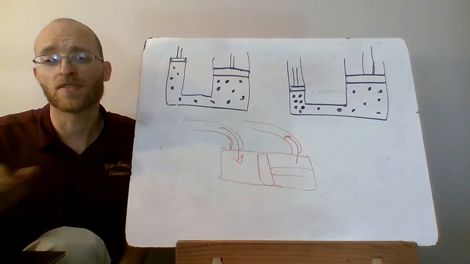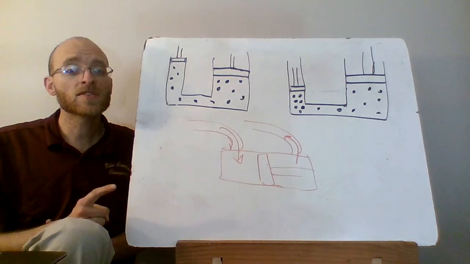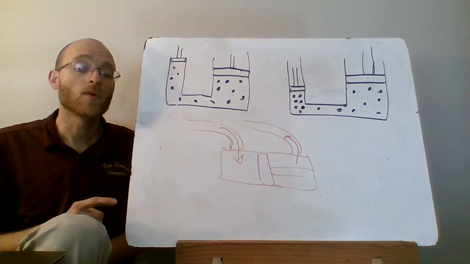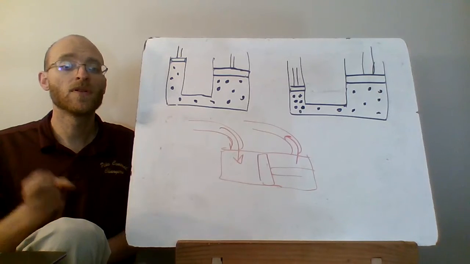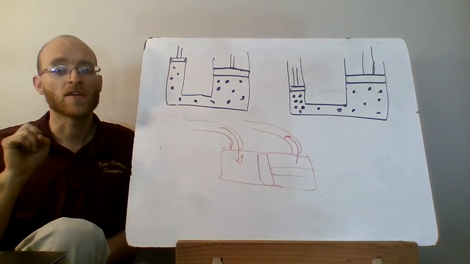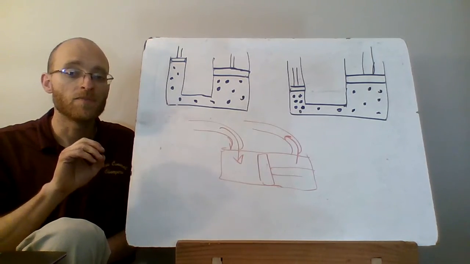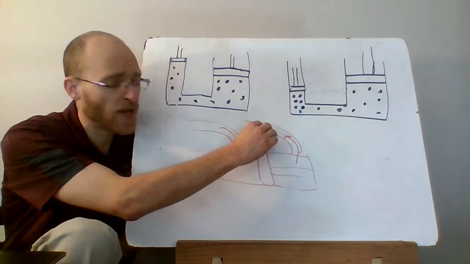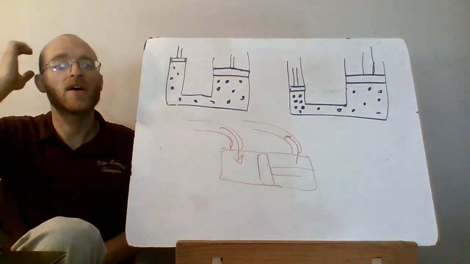So what are the advantages of a pneumatic system? The processes tend to be a lot quicker with this because gas is compressible and can flow very quickly through something. You can imagine if I had really high pressure here, it's just going to kind of explode into that area.